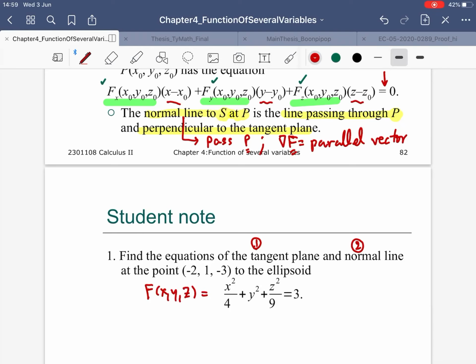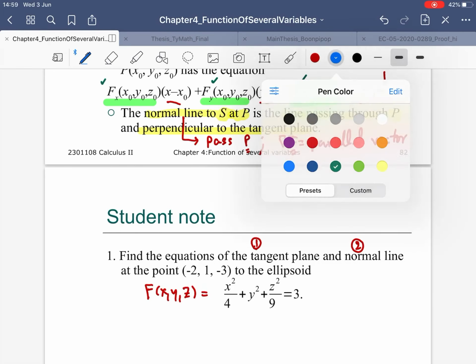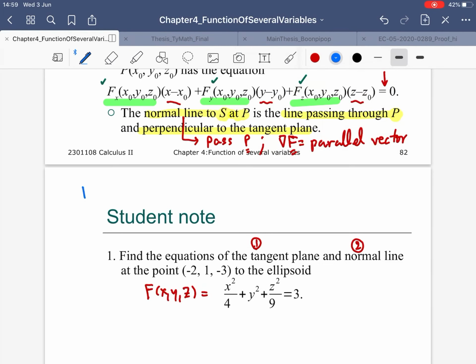So what we have to find is simply the gradient of F. The gradient of the capital F is f sub x, which is 2x over 4, so you get x over 2, and then the rest will be 0, and f sub y, which is 2y, and f sub z, which is 2z over 9.